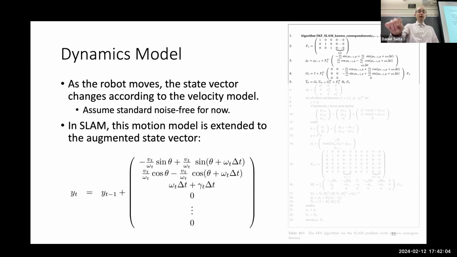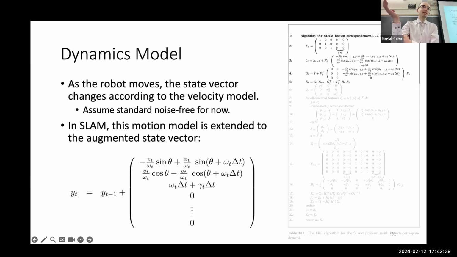Again, we're assuming that the robot is operating in a 2D plane with the same motion model that we were talking about for localization. That's reflected here. If you look at this term, it's similar to what we had earlier and also in the last class. And Y here has the pose in the first 3 components, and then it's 0 for all the others.